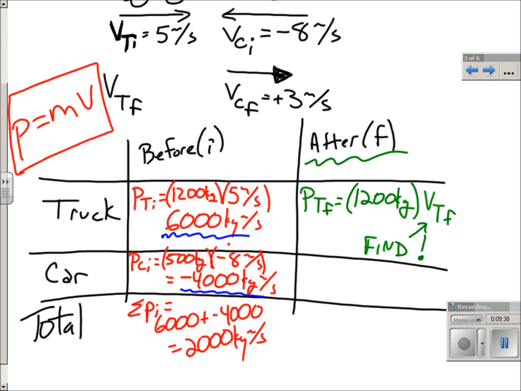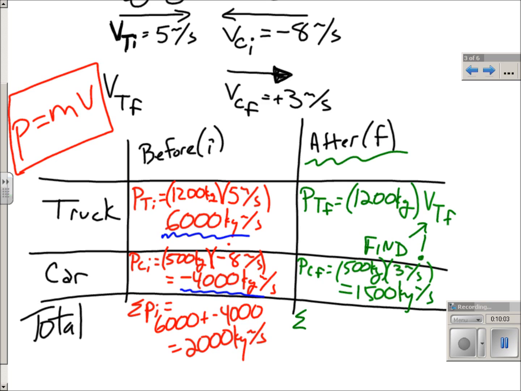All right? The momentum of the car I can find now. The momentum of the car final is just the mass of the car, 500 kilograms, times its velocity, 3 meters a second, and it gives me 1,500 kilogram meters per second, all right? Cool?